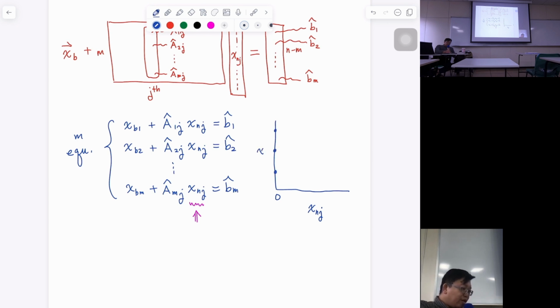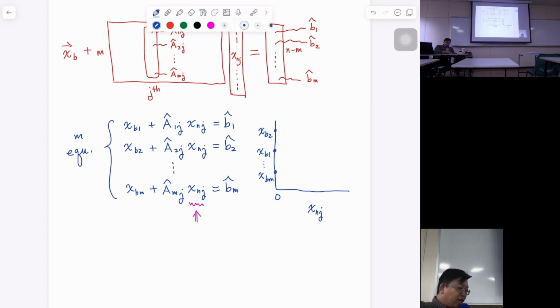This could be one of the x, this could be the other x, they could be some numbers. This is just illustrating the idea. All the xB's have a linear relationship with xN j. They are linear relations.